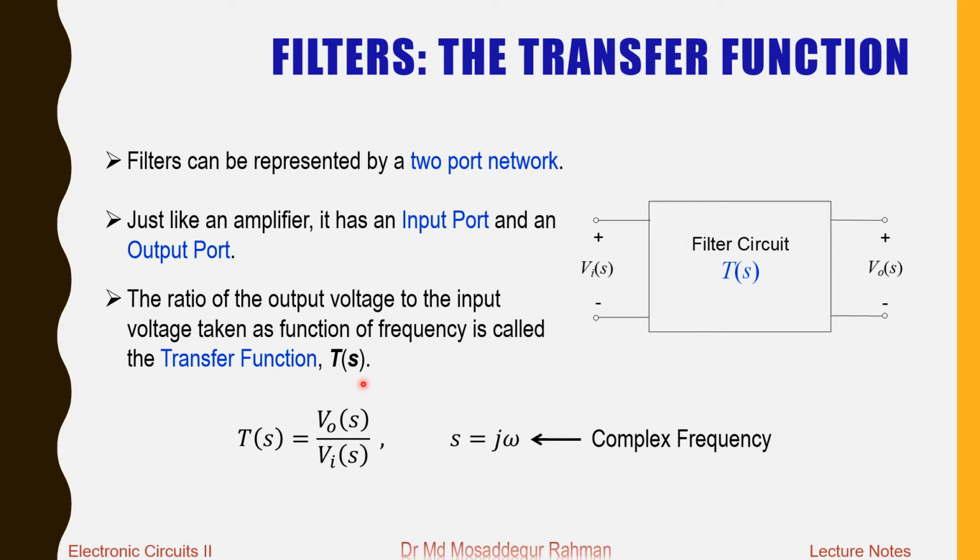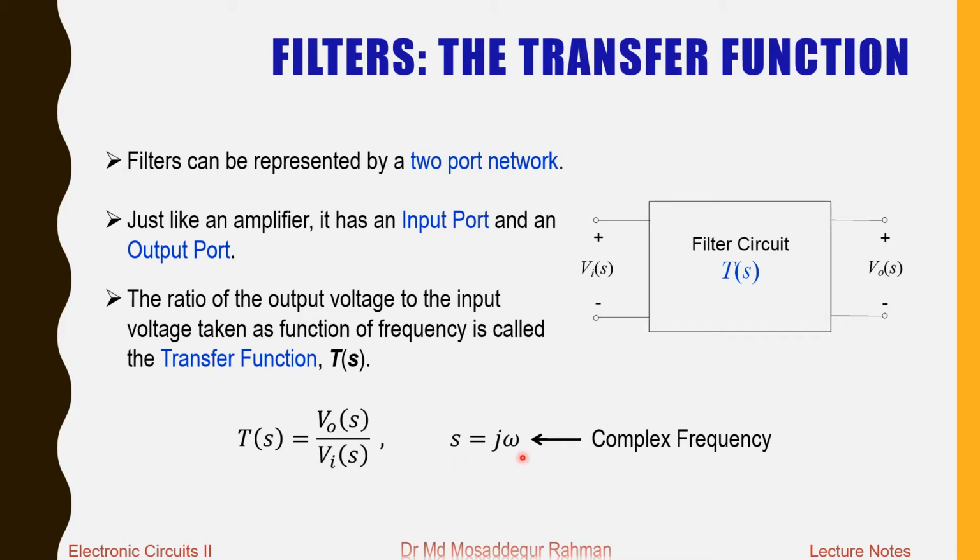This is a function of frequency. Filter circuits respond to the frequency of the signal. For different frequencies, the output will be different. So it is expressed as a function of frequency. s here is the complex frequency, which is j omega.